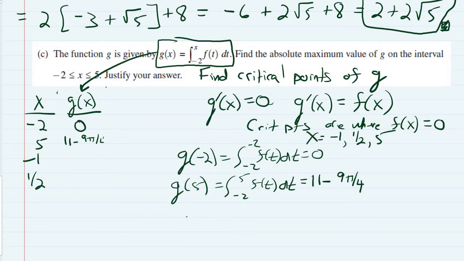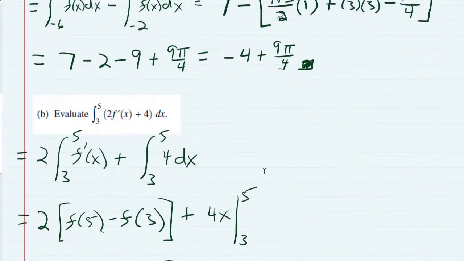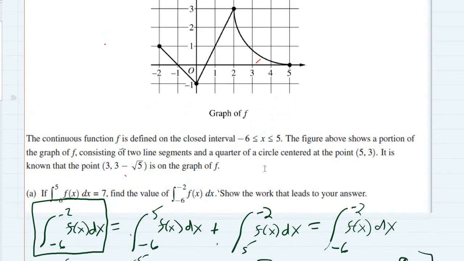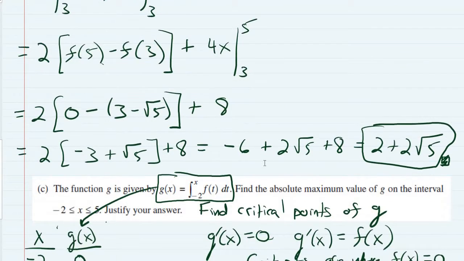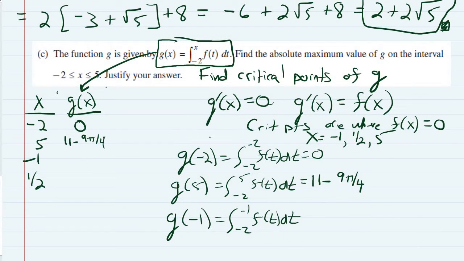If I want to know what g of -1 is, right, I'm integrating from -2 to -1 of f of t dt. So if I go back and look at the integral from -2 to -1, that's 0. We already determined that.